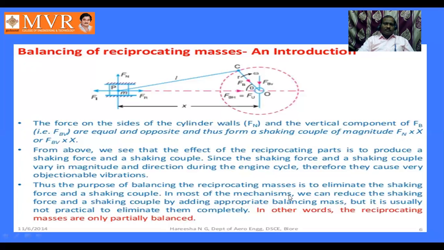The reciprocating parts produce a shaking couple and shaking force. This has to be balanced. This can be done by adding a balancing mass, but it still cannot be nullified to zero, because in reciprocating masses total nullification is not possible.